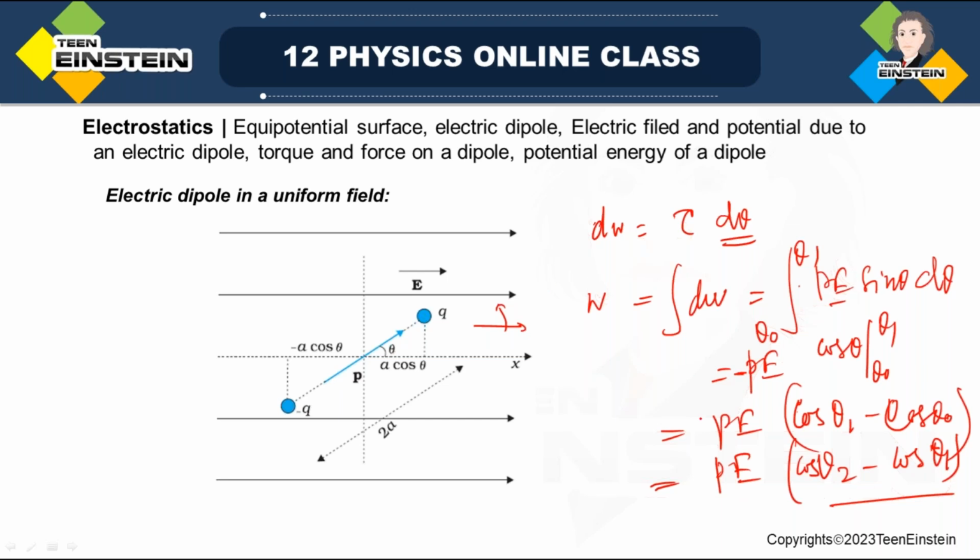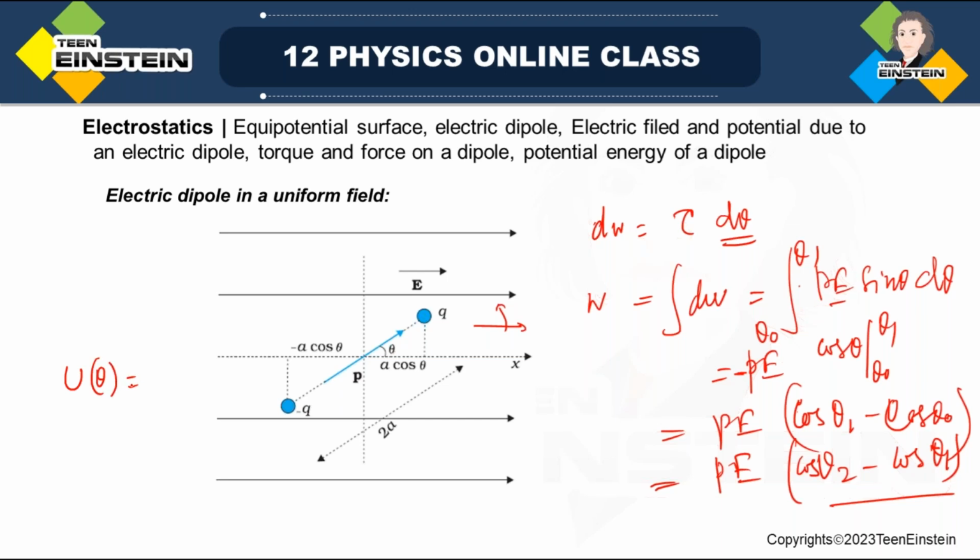All right, so this could be actually correlated to potential, related to potential energy as well. So how to do that? See, potential energy U theta, or work done, is equal to change in the potential energy.